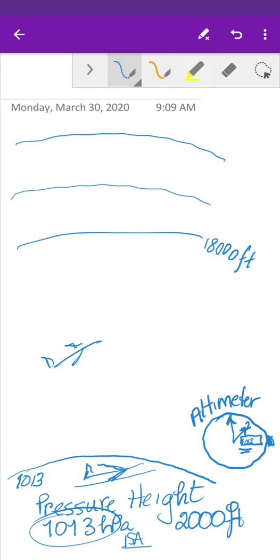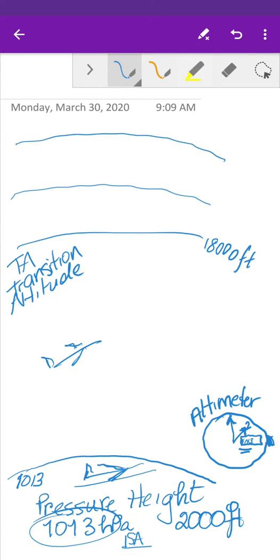However, if all the pilots have 1013 set on their altimeter once they fly up past a particular height, we'll call this a transition altitude, TA.